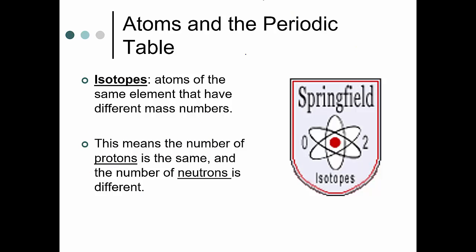Again, isotopes are atoms of the same element that have different mass numbers. So this means they have the same number of protons, but a different number of neutrons. So my example earlier for carbon-12 and carbon-14, they each have 6 protons, but carbon-12 has 6 neutrons.